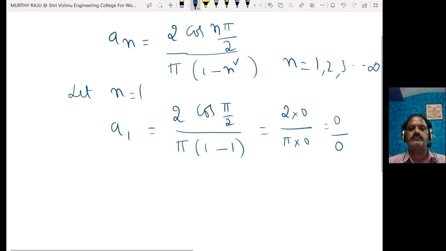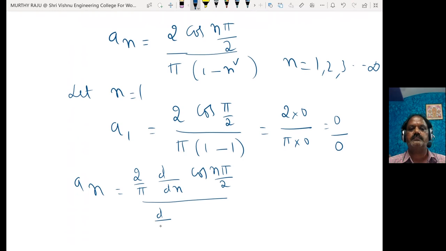A1 is undefined. Therefore, we use L'Hospital's rule. An is equal to 2 by pi, d by dn of cos n pi by 2, divided by d by dn of 1 minus n square. That is equal to 2 by pi.